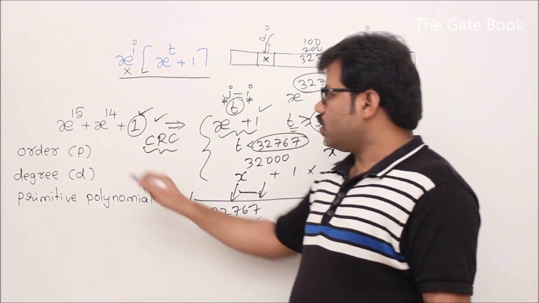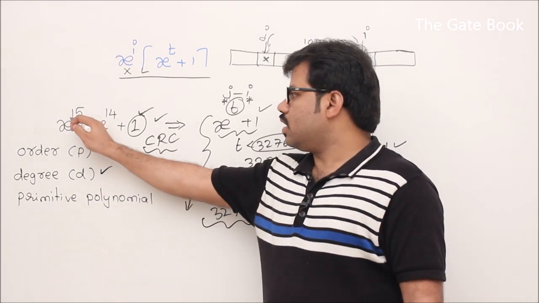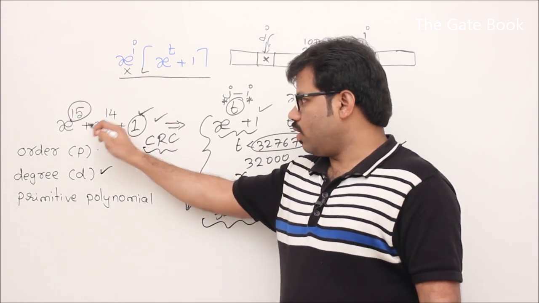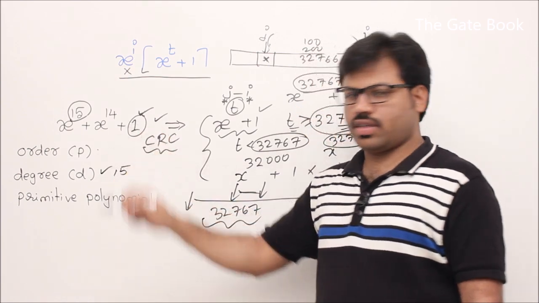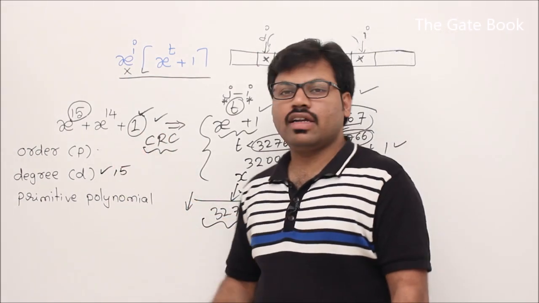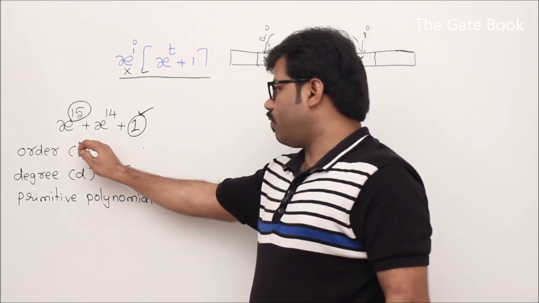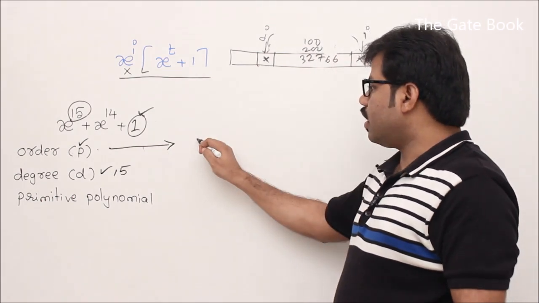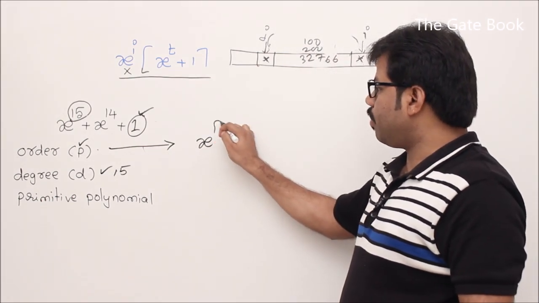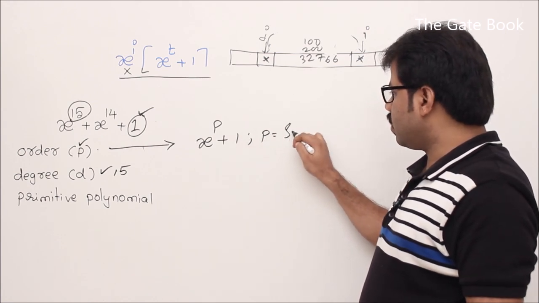I will tell you. First of all, you should understand the degree of a polynomial. For example, in this polynomial the maximum power of x is 15, right? That's why 15 is called the degree, you know that. Now we will see what the order of a polynomial is. Order of a polynomial, let's say it is p for any polynomial, that means it is going to divide x power p plus 1 where p is the smallest integer.